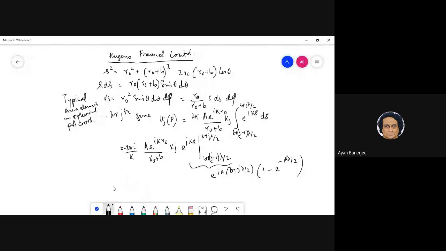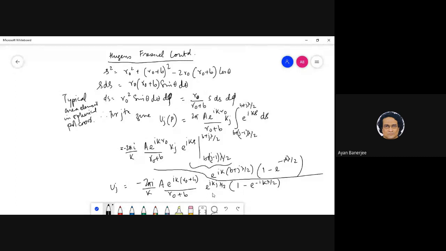So the total integral basically will come as minus 2 pi i by k, then e to the ik r0 plus b over r0 plus b, then e to the ik j lambda by 2, into 1 minus e to the minus ik lambda by 2. Now this part, k lambda by 2, is 2 pi by lambda, so this will be just e to the i pi j.